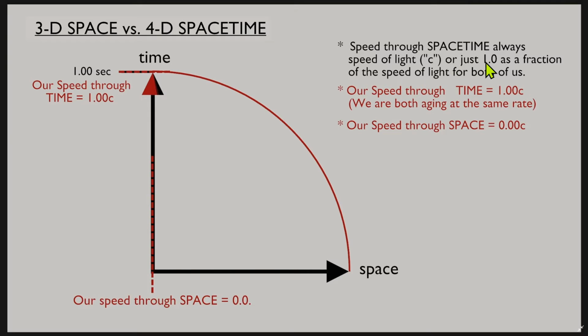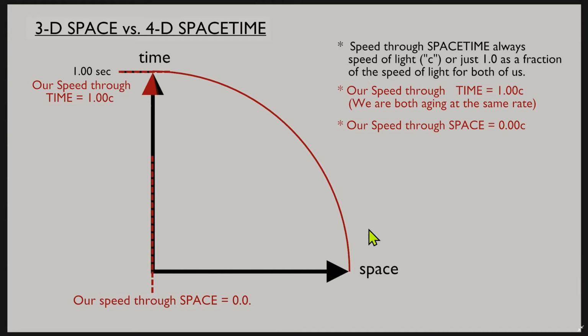I'm saying 1.0, which is 100% the speed of light. And the speed of light is designated by the small letter c. The main point is that every single thing there is moves through space-time always at the speed of light. Never slower, never faster. That's the only speed anything can go in space-time.